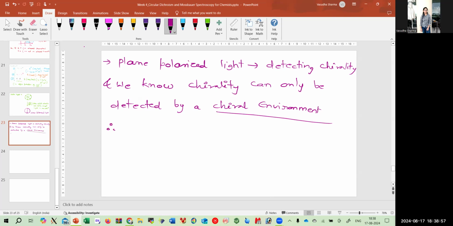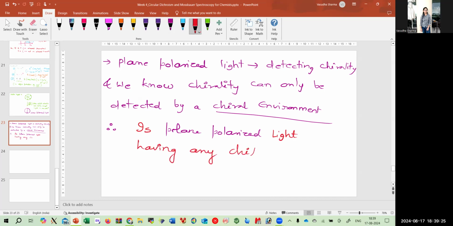So therefore, does plane polarized light have any chirality? That we need to find out.